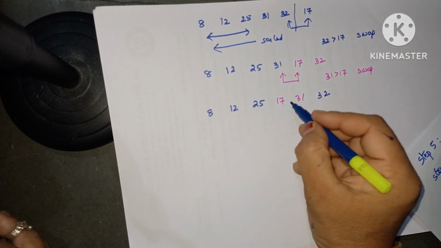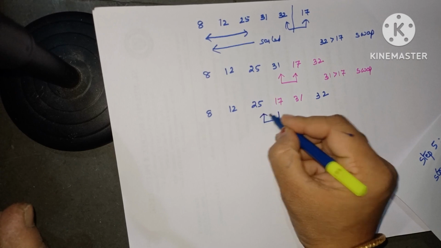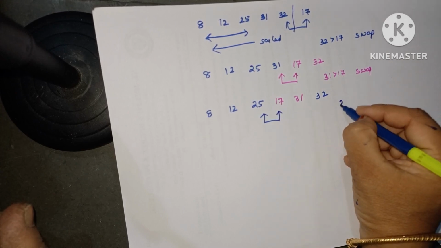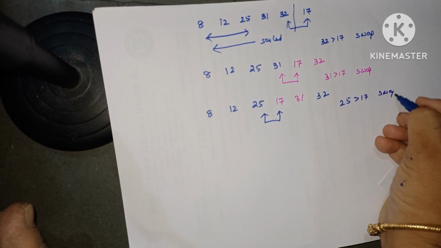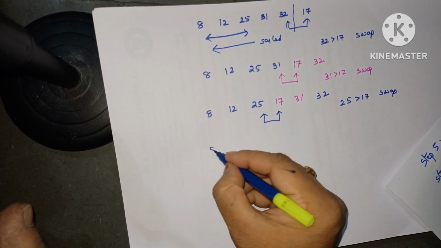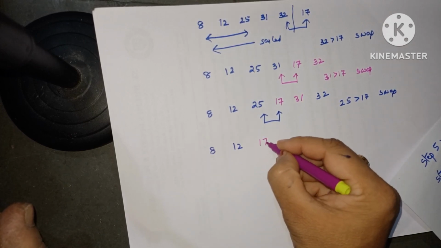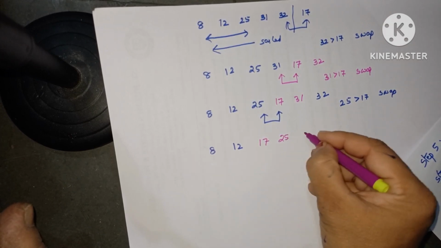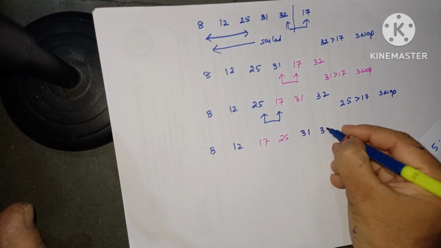Okay. Then this change is again compared with previous elements, these two. 25 is greater than 17, so again we have to swap it. After swapping, 8, 12, 17 comes in this place, then 25, then 31 and 32 are in their positions.